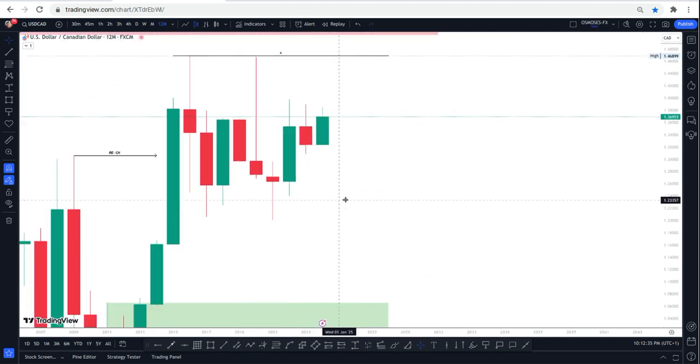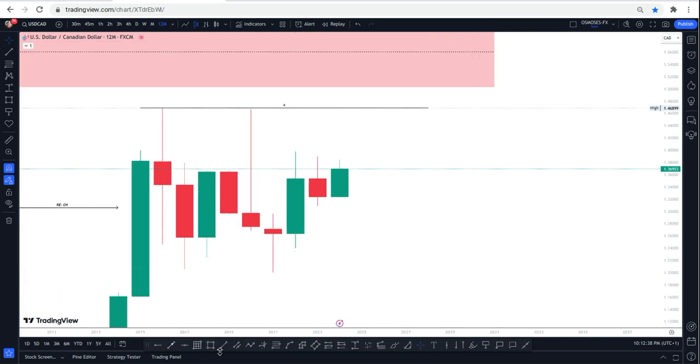So price on internal range liquidity, which was shown in the other internal range. Price on this internal range, so we're heading out for external range.